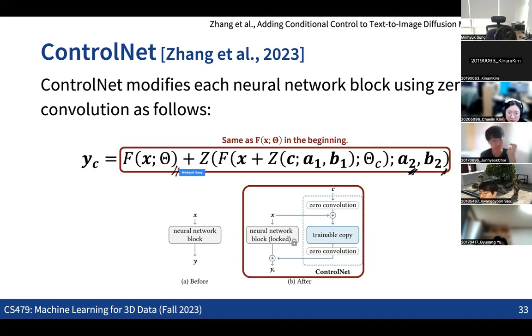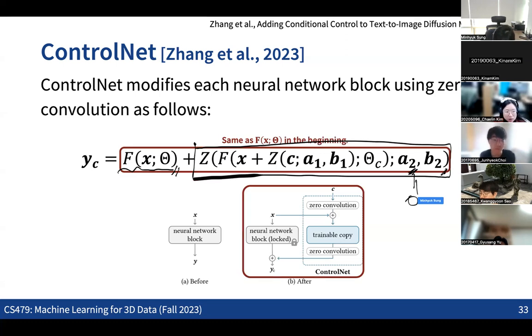This is the original residual block of the noise prediction network, and we add this to it. Since at the very beginning of the fine tuning this becomes zero, the output of the whole block will be exactly the same as the original architecture.